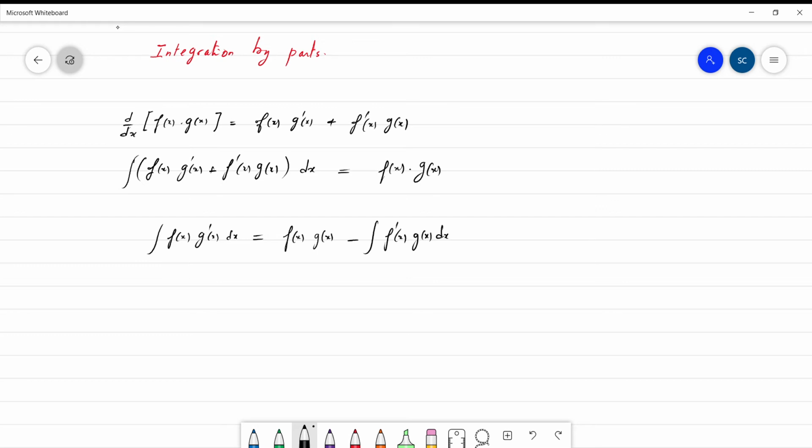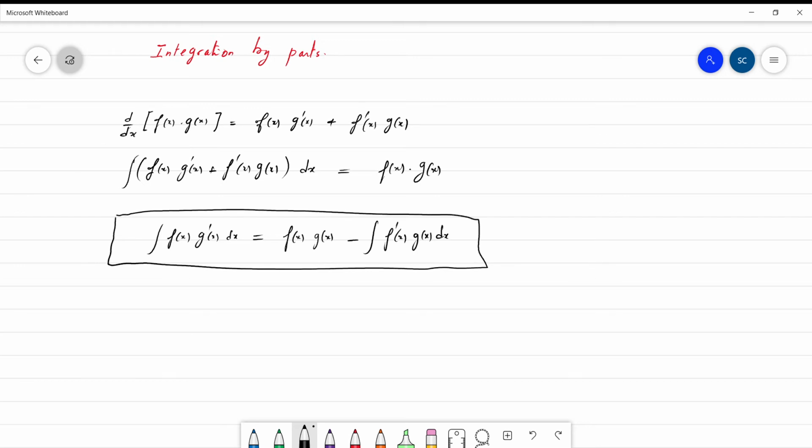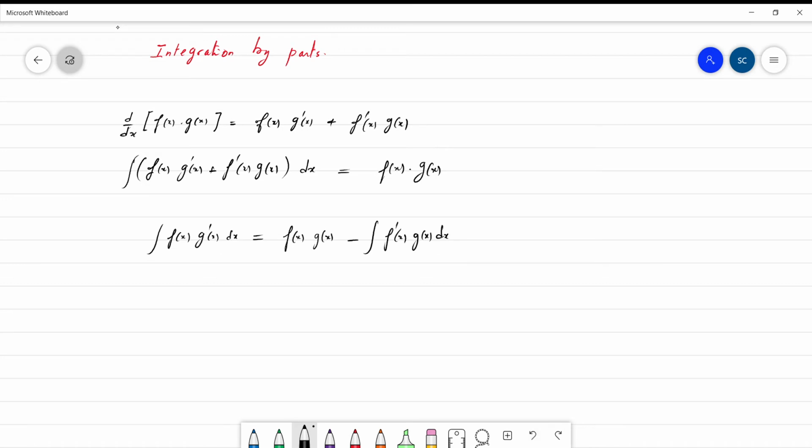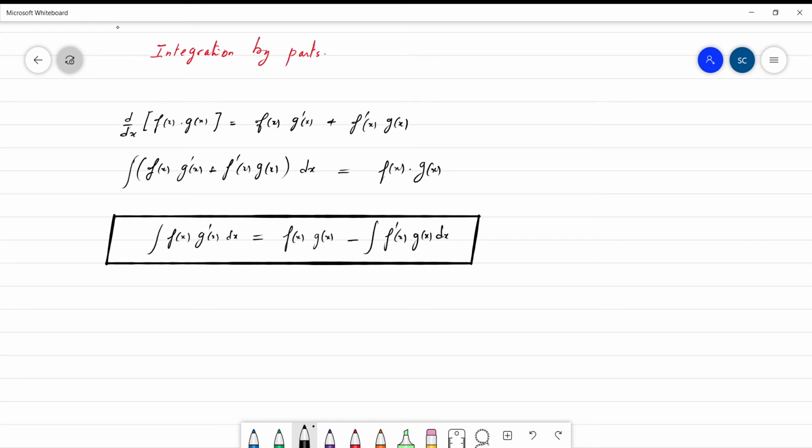This is what we call the formula of integration by parts.